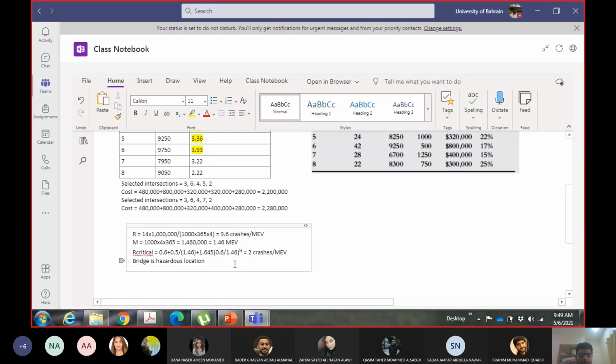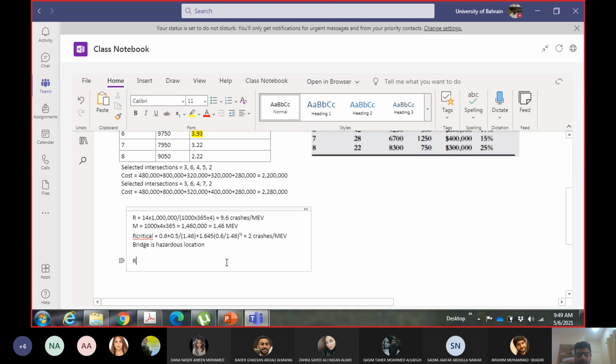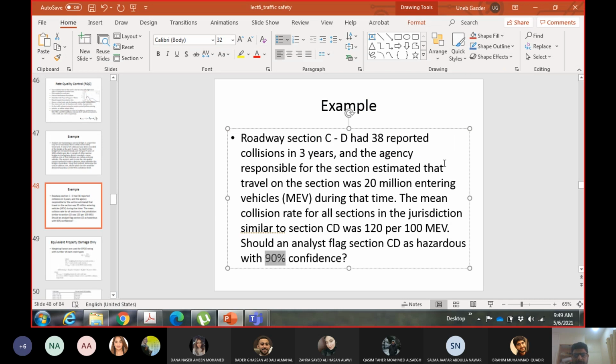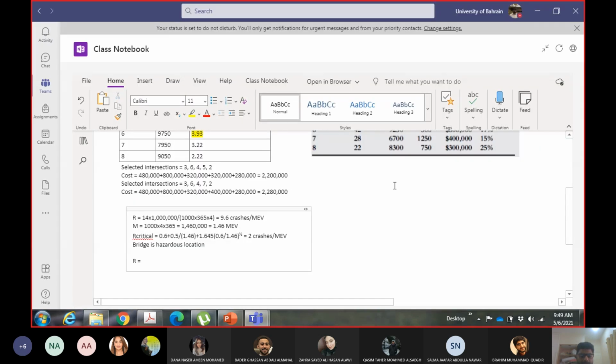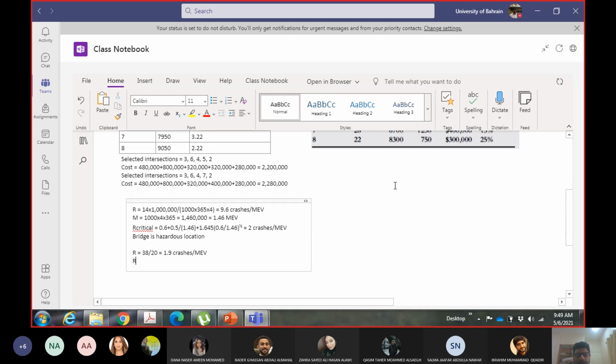First of all, I will calculate the rate at my site, which is 38 divided by 20. How much? 1.9 crashes per million entering vehicles. Then RA.